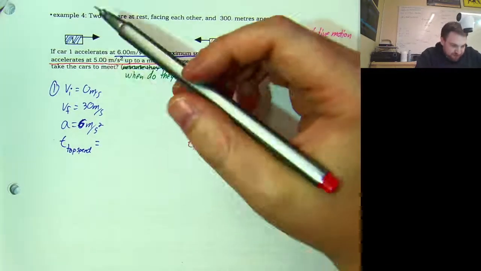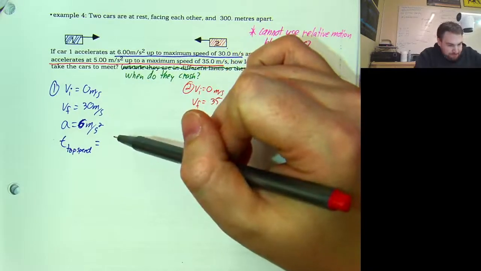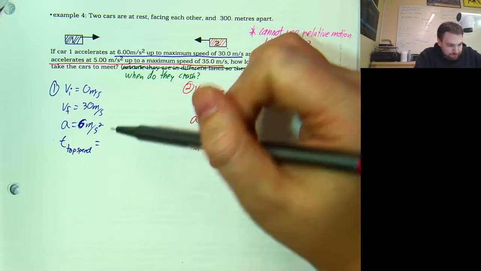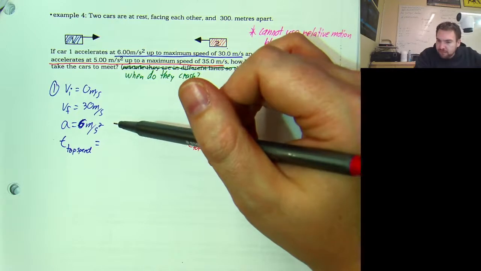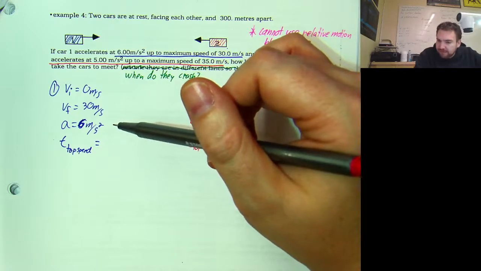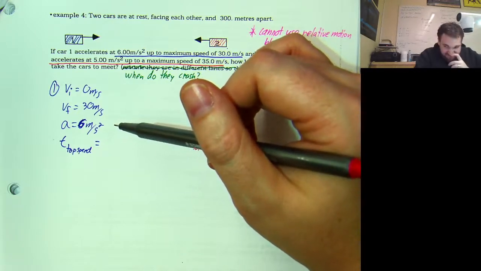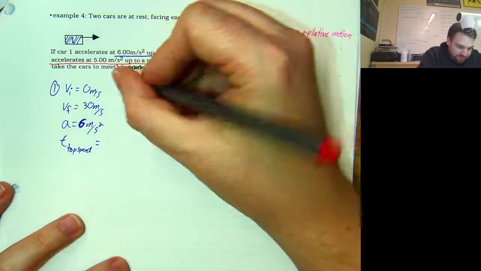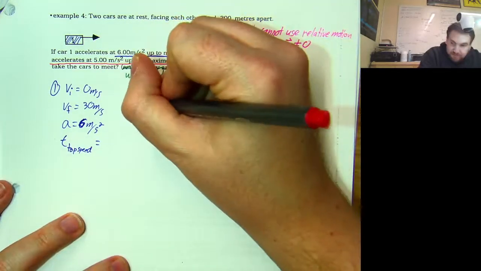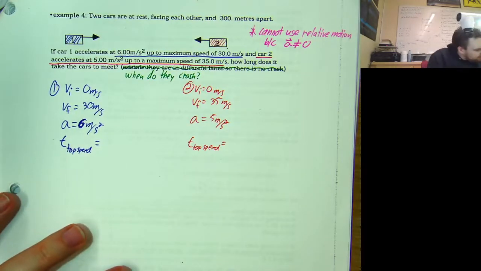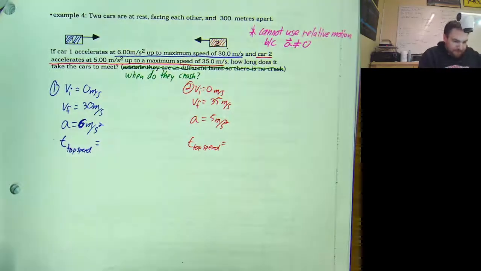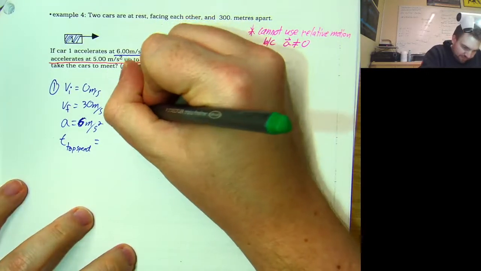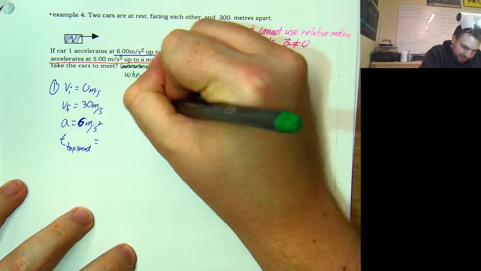Well, looking at this information, we can see, yeah, no, we haven't actually calculated it yet. That's okay. Which formula am I going to use here? Sorry, looking back, let's use this one here: VF equals VI plus AT.